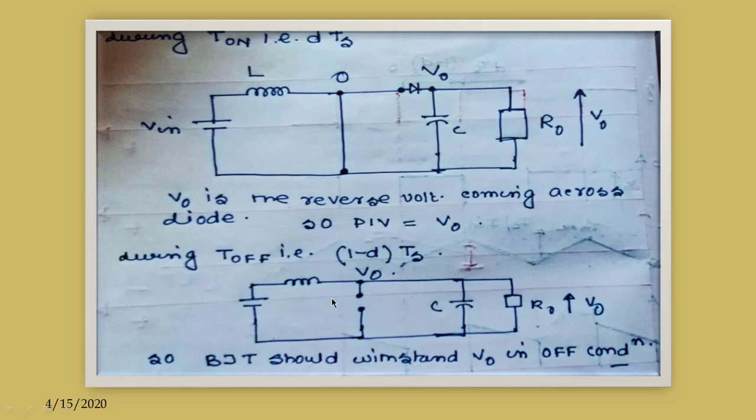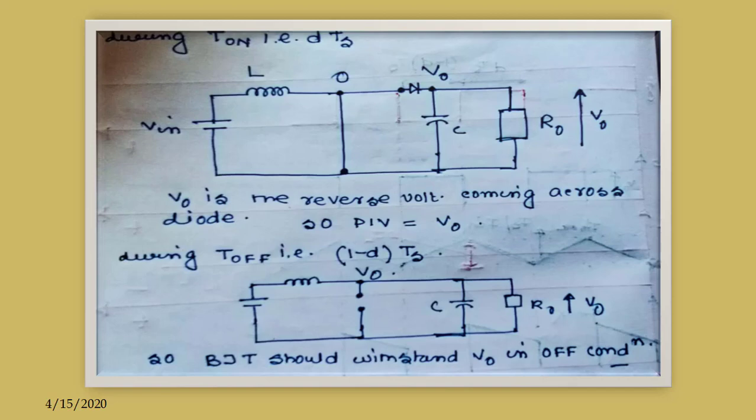Similarly, when the BJT is off, that is in 1 minus D Ts period, the voltage V0 will appear here, and the BJT has to withstand a voltage of V0 in off condition, right?